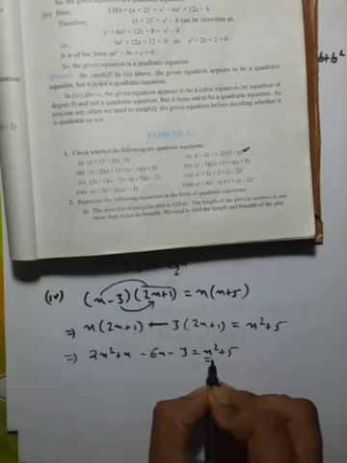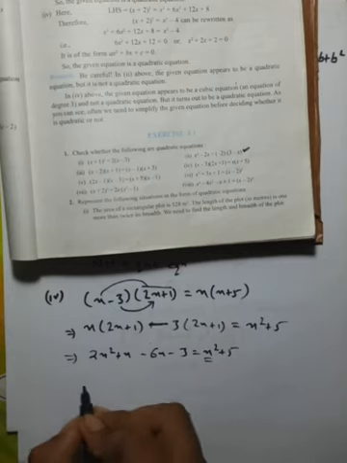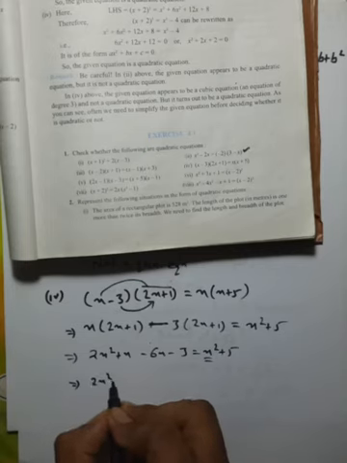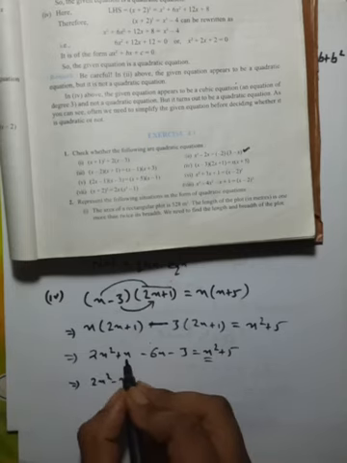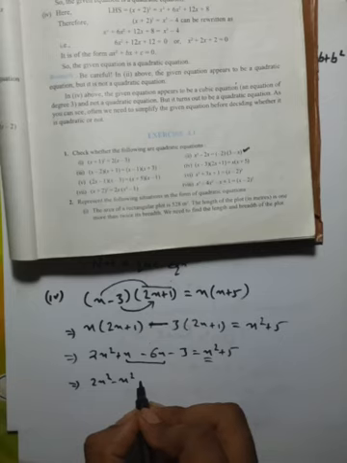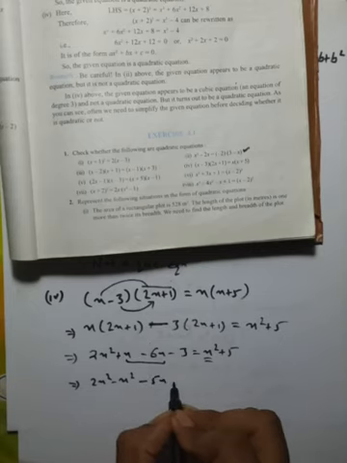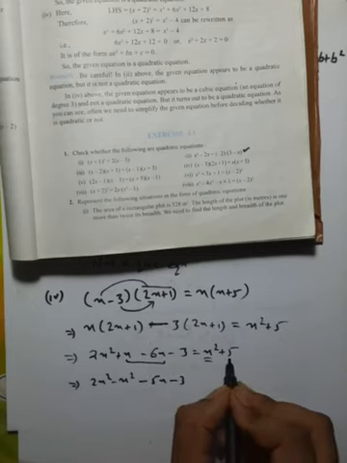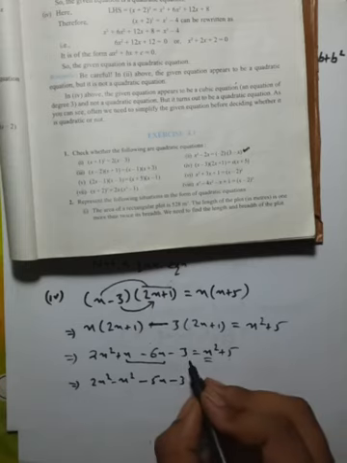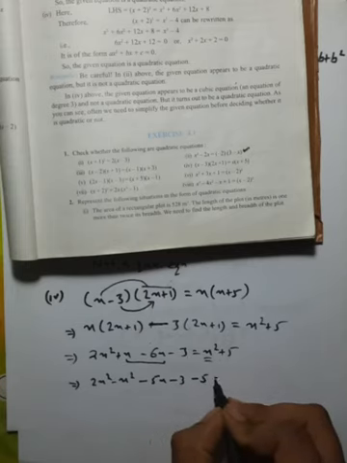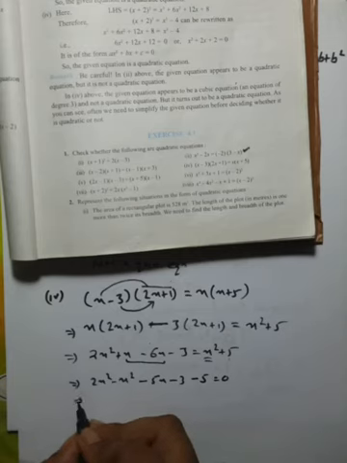Okay, so this x square can be turned to this side. So 2x square minus x square, see, x minus 6x is minus 5x, and minus 3, this 5 can be turned to this side and becomes minus 5. This will be 0. See, 2x square minus x square is x square.